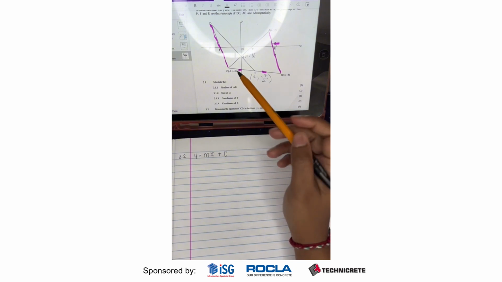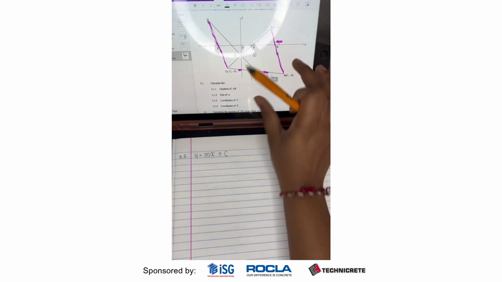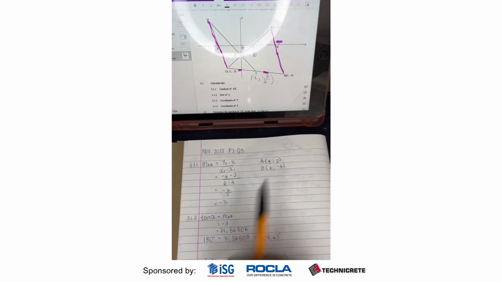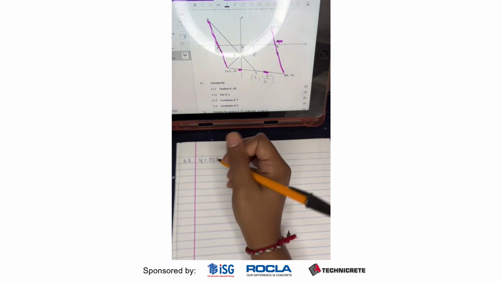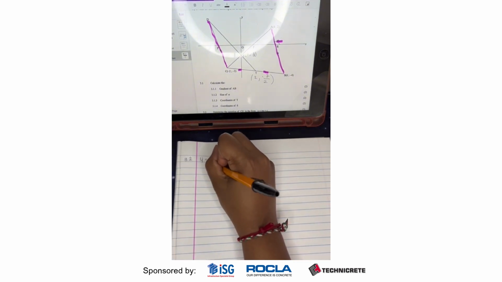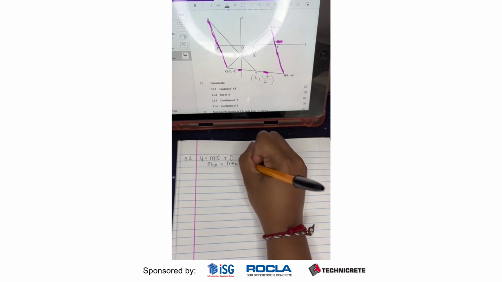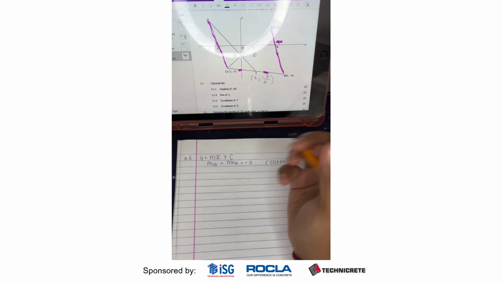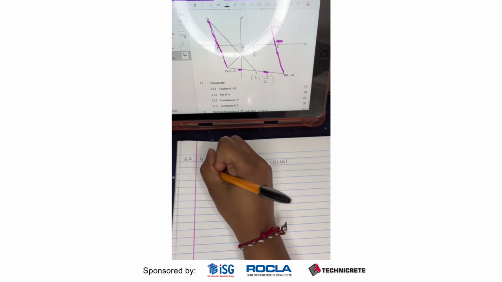We can find the gradient because we have already drawn that those two lines are parallel, and we previously already found the gradient of AB to be negative 3, and parallel lines have the same gradient. So gradient CD is equal to gradient AB, which is negative 3, and the reason is because CD is parallel to AB.